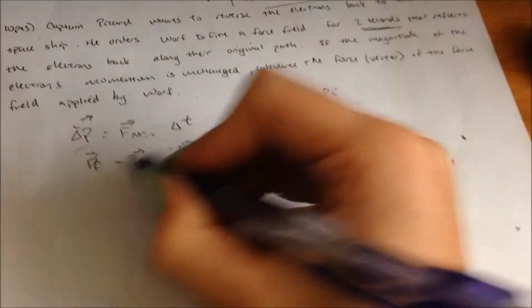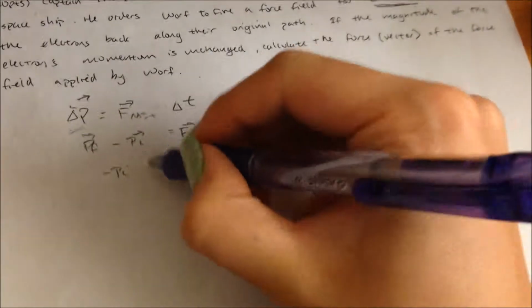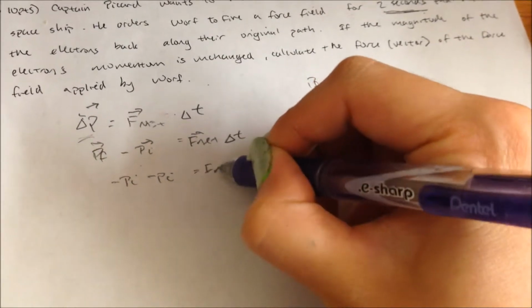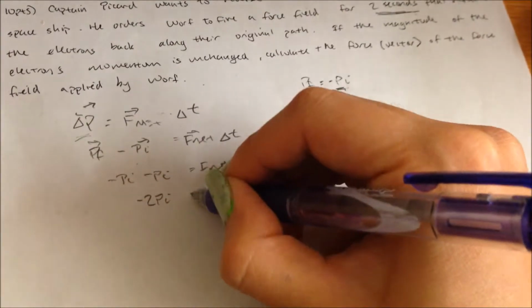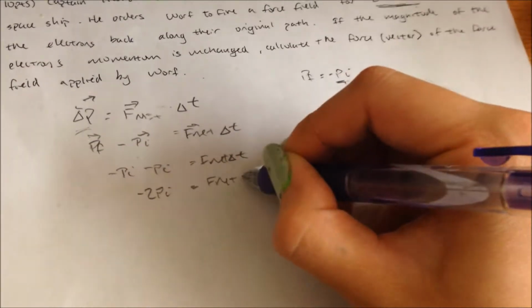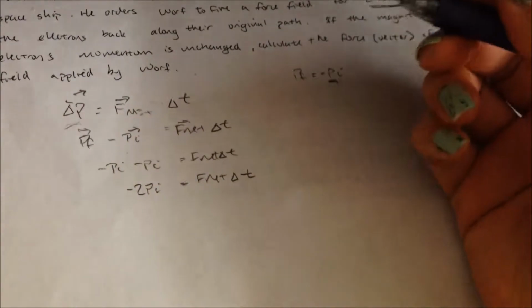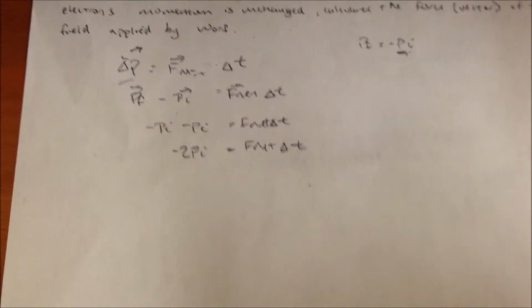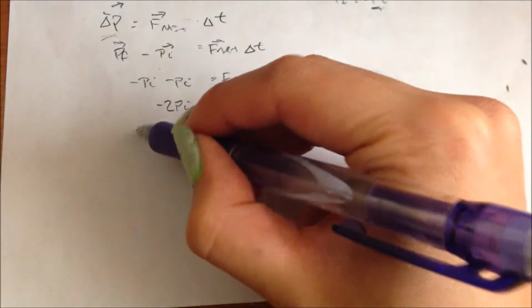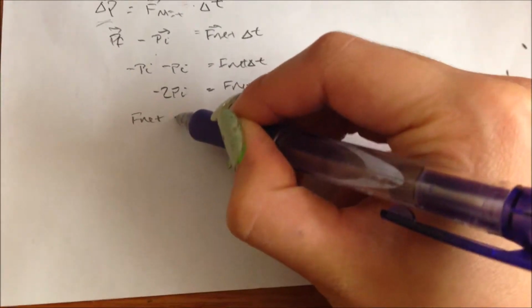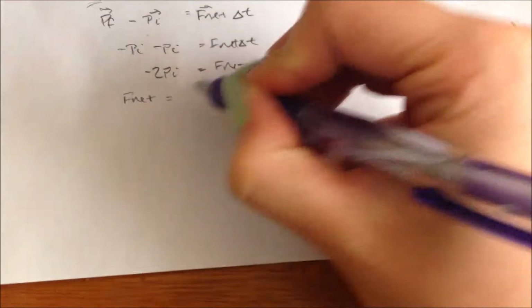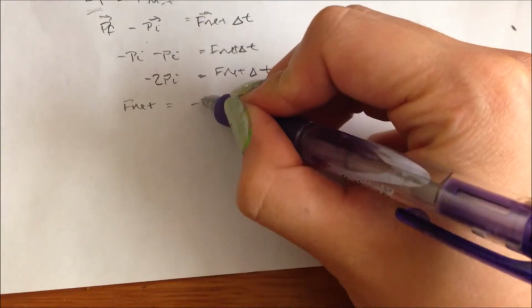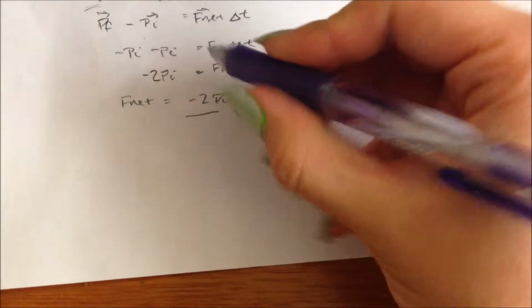So once we plug in negative p initial for p final into this equation, you get negative 2 times the initial momentum is equal to the net force times the change in time. To solve for the force of the field, you just divide both sides by delta t, so the net force is equal to negative 2 times the initial momentum divided by the time.